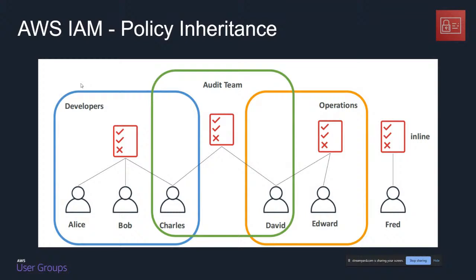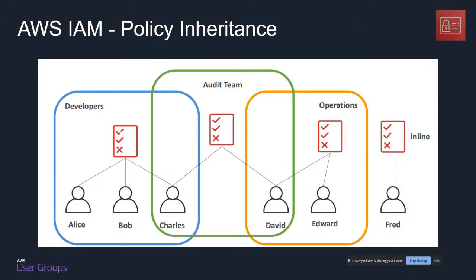So you create these IAM groups, and you assign these users to these groups. Now, all these users would be inheriting the policy that is attached to that group, as we saw earlier. But what about the users that are part of both of these groups? If Charles is a part of developers as well as the audit team, what happens and what access does he get?